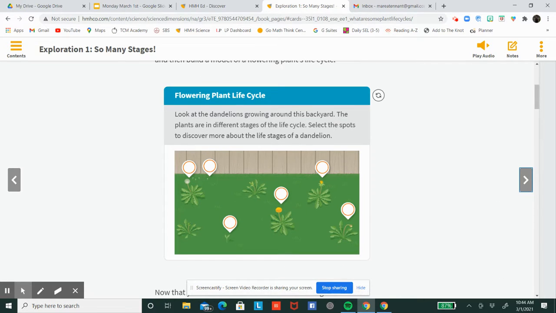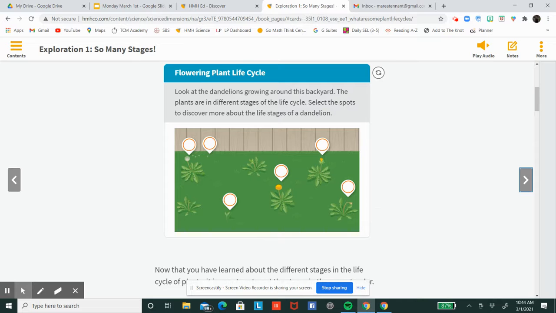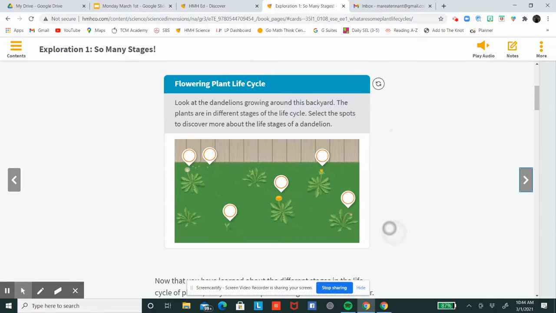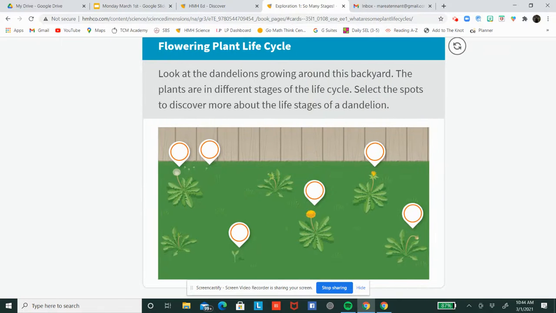So if it's living, if it's breathing, if it needs food and shelter, if it's alive, it goes through a life cycle. So your page shows you the pictures. I've got a little bit more interactive. So the dandelions in this picture are going through different stages of the life cycle. So let's look at the different ones. Now, these aren't in order, but they're just a different life cycle. So let's see.